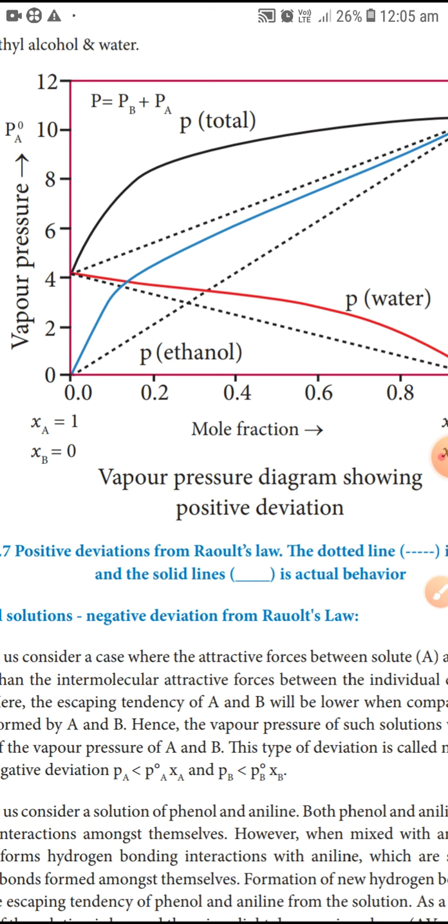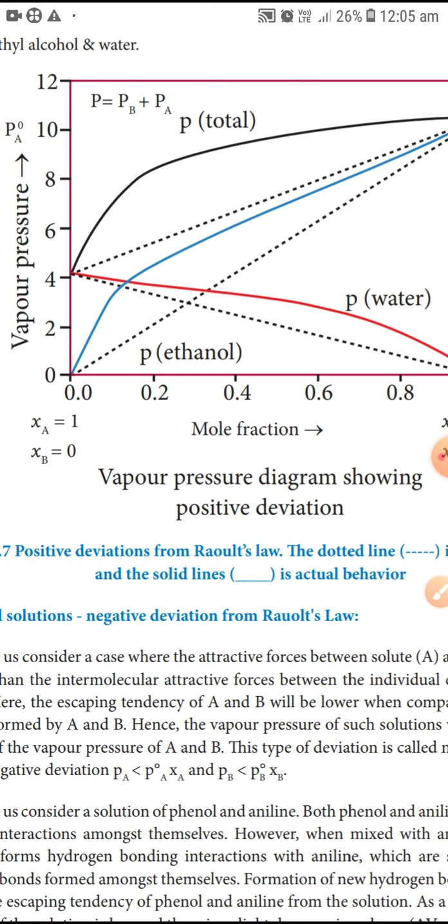Here we see the graph, vapor pressure versus mole fraction. Non-ideal solution, negative deviation from Raoult's law.